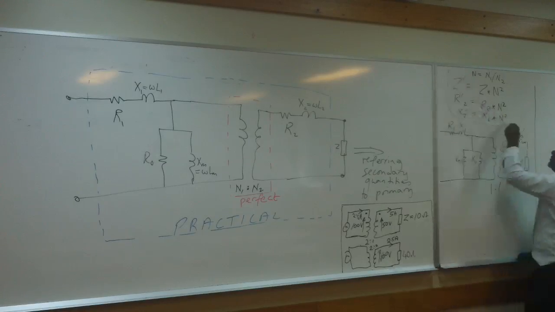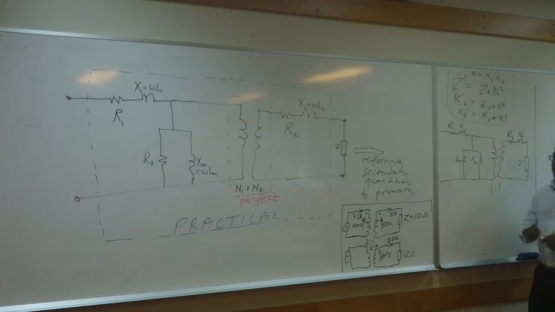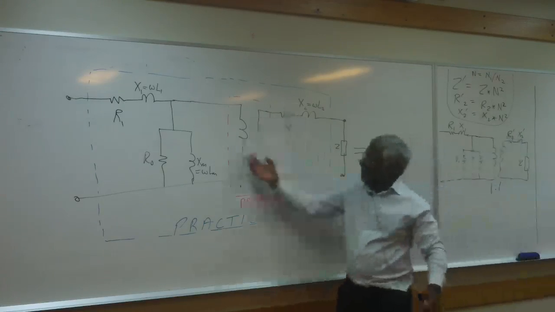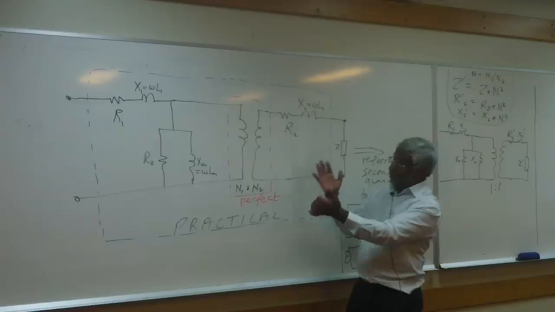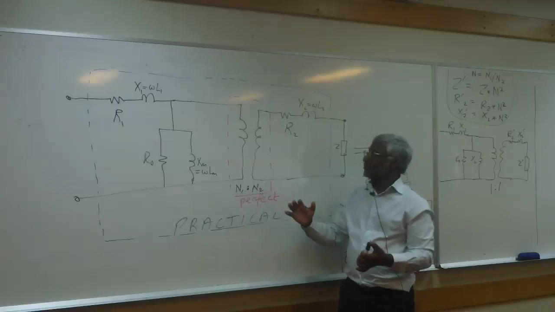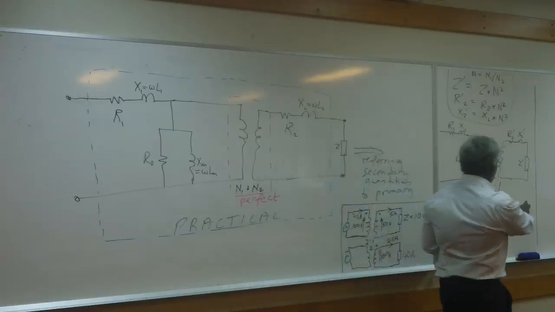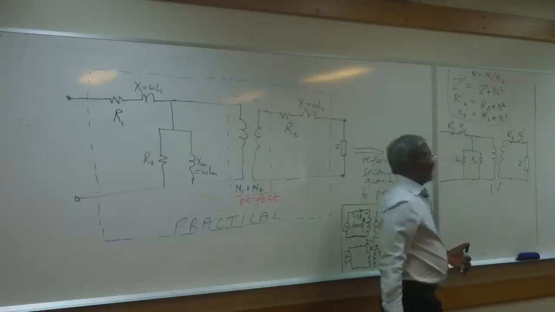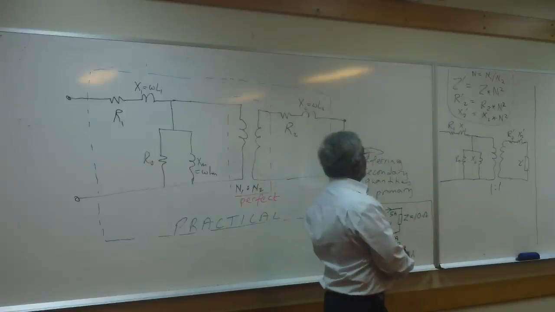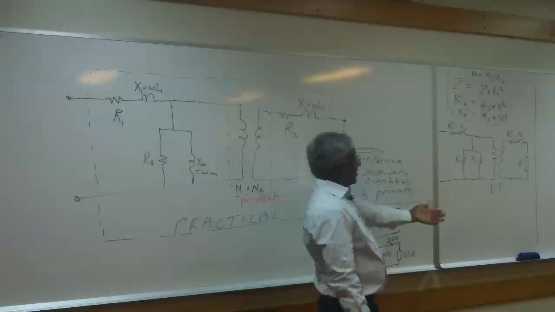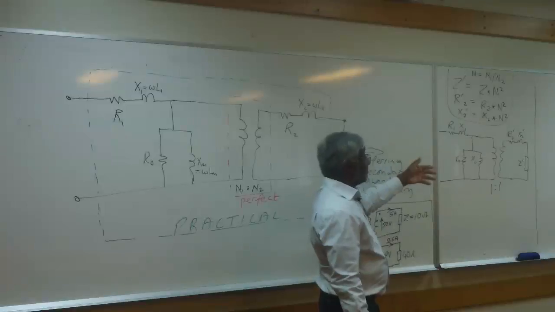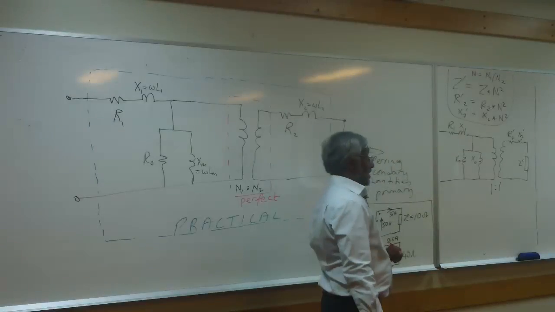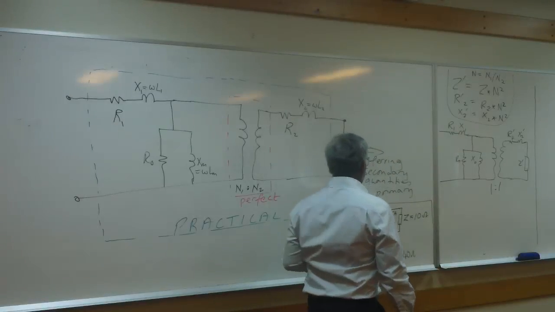Okay, so we know what to do to convert the real transformer, having the real ratio N1 to N2. We know how to replace that by a ratio of 1 to 1. And when you do this, all the impedances on the secondary side are changed by a factor of n squared. That's good.